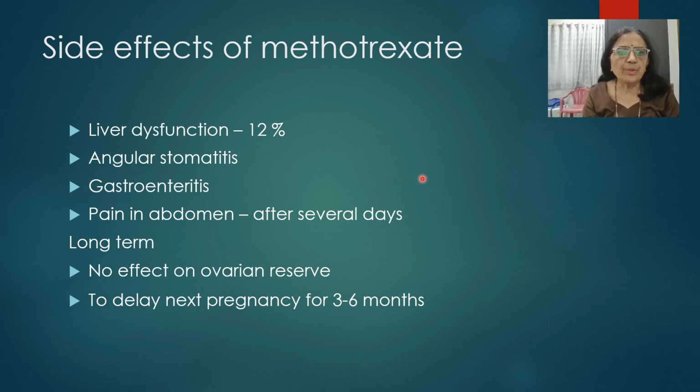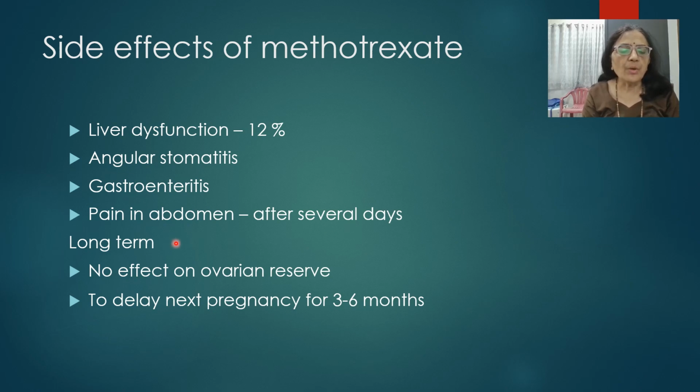What are the side effects of methotrexate? Liver dysfunction is seen in 12% of the women. Angular stomatitis, gastroenteritis, and pain in abdomen are seen, and this pain in abdomen is seen sometimes several days after the administration of methotrexate, but it usually responds to analgesics. This pain is thought to be because of the separation of the products of conception from the wall of the fallopian tube when the ectopic is resolving because of methotrexate.